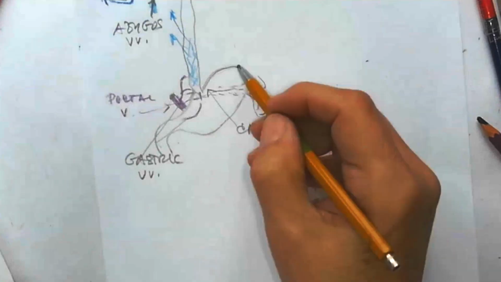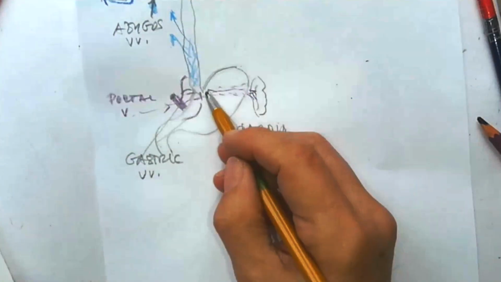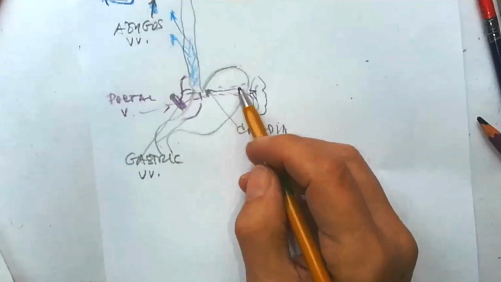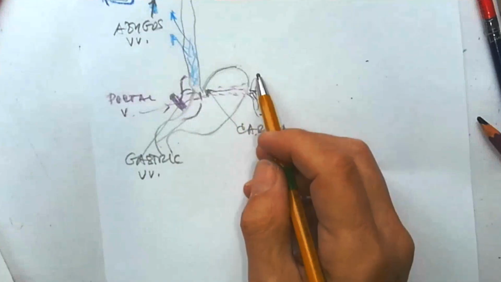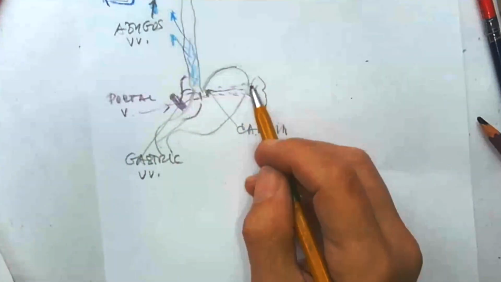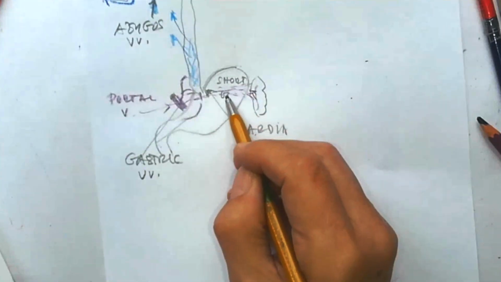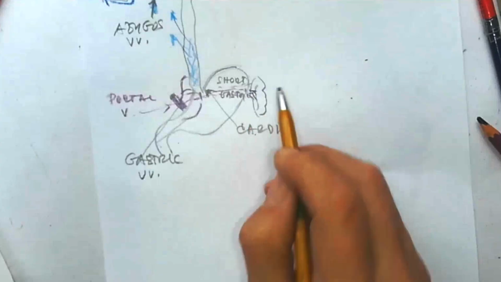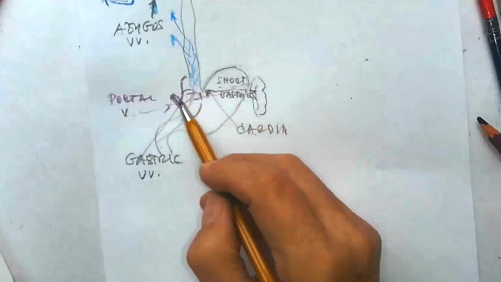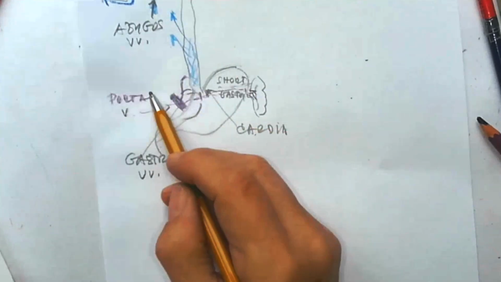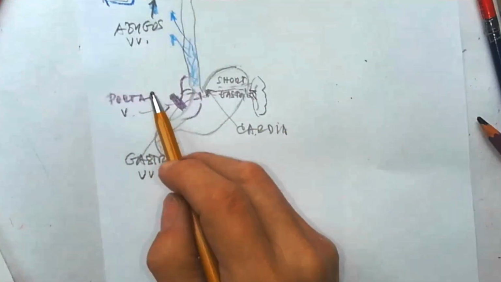This is the cardia, the place here, and these ones are short gastric veins. All of them open into the portal vein. So the portal vein, and the vein belonging to the systemic system, the superior vena cava.